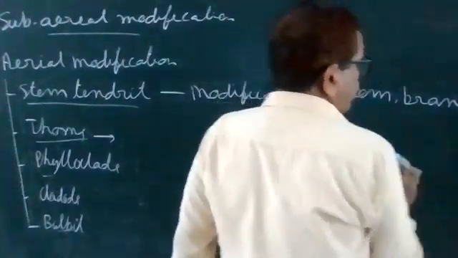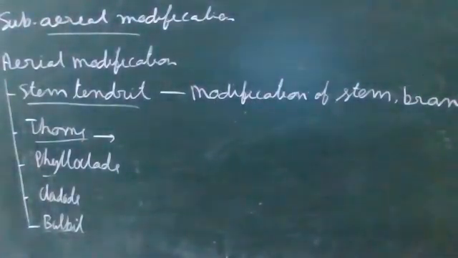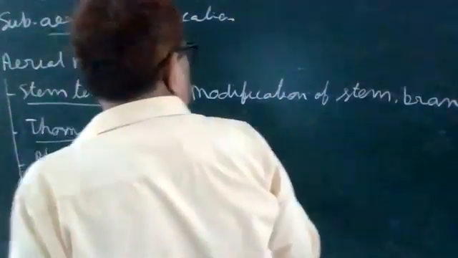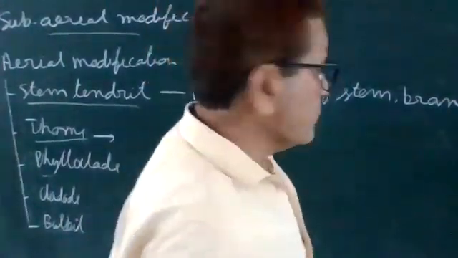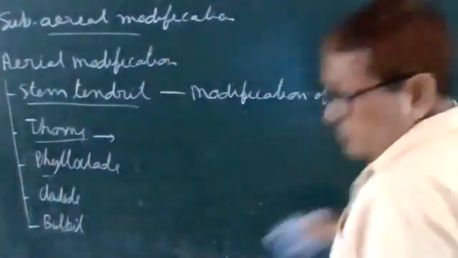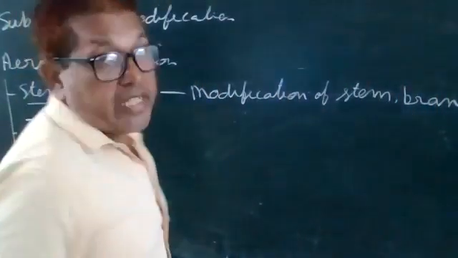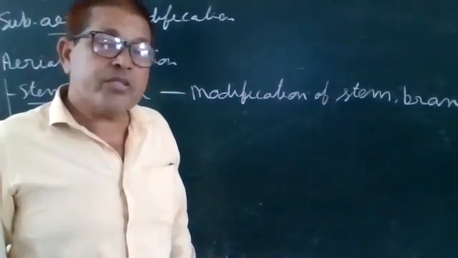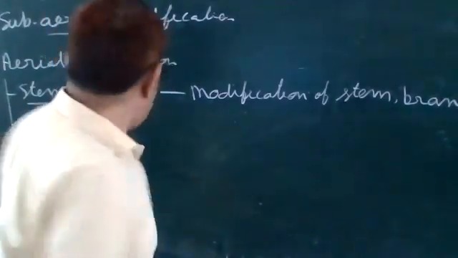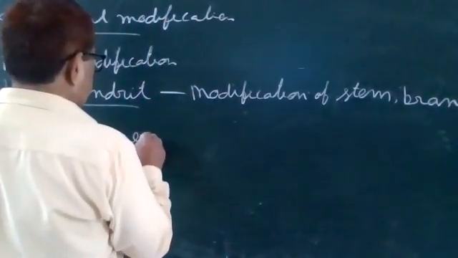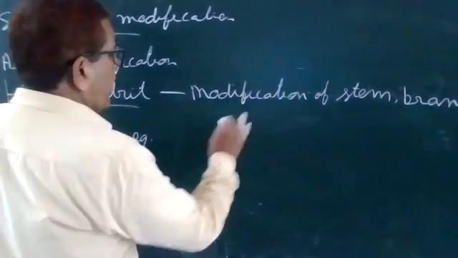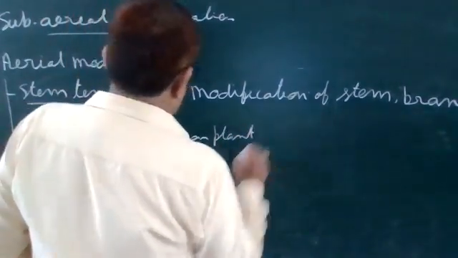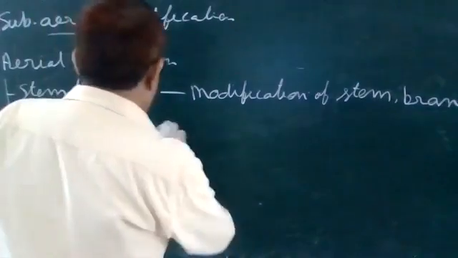Next is thorn. As you see in the case of bougainvillea, and you also see it in citrus plant, citrus means lemon plant. Lemon plant or citrus, that is the common name.